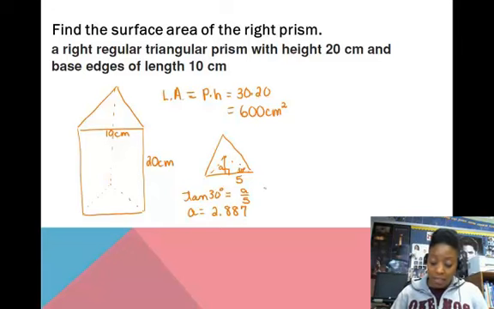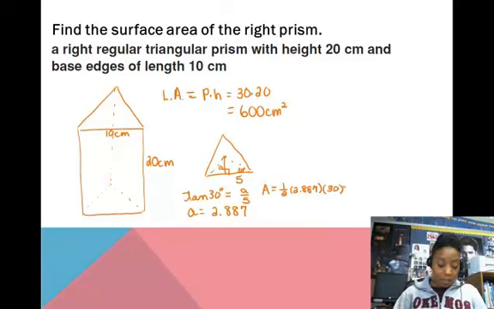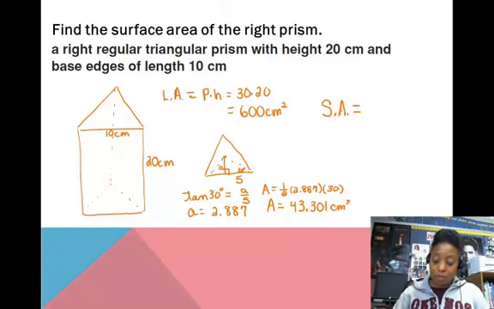And then we've got to find the area, which is 1/2 the apothem, which is 2.887, times the perimeter, which in this case we know is 30. So this is multiplied by 30 and then divided by 2. So we get the area of the base is 43.301. Okay, so our overall surface area now is going to be 2 of the bases plus the lateral area.